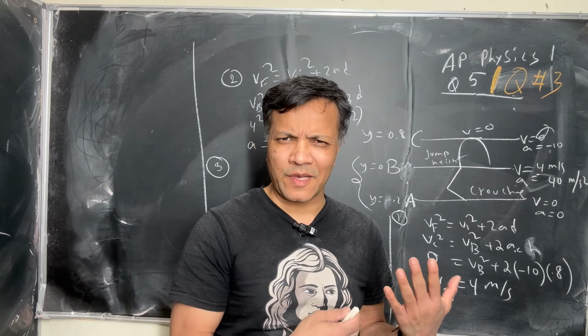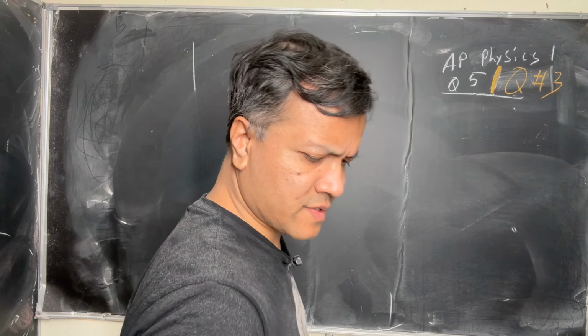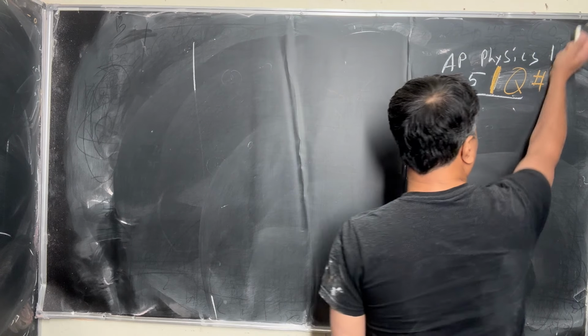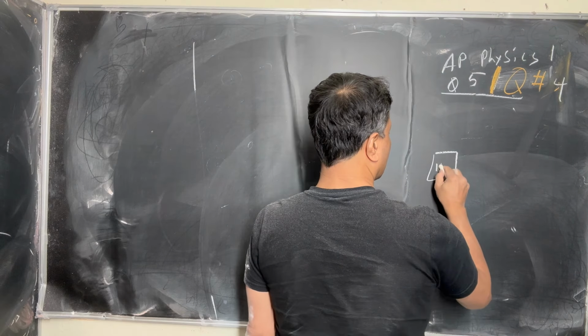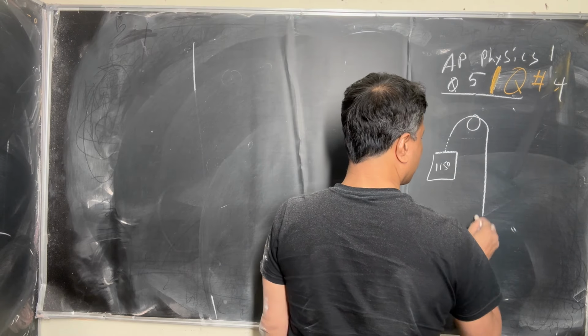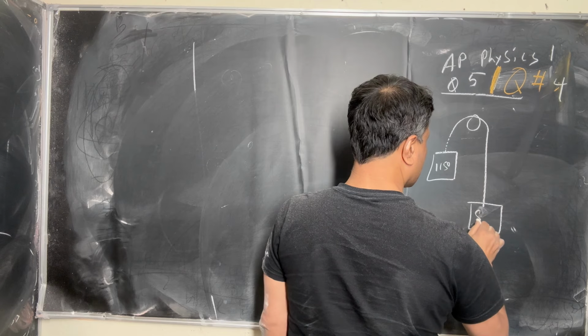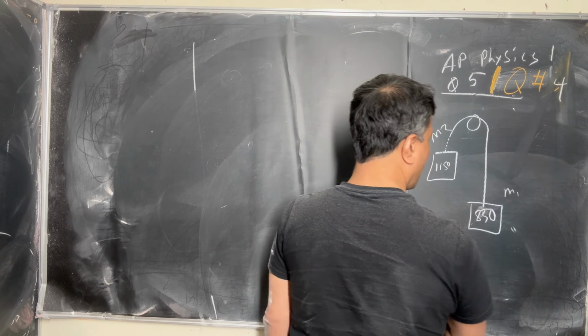So problem number 4 is again 2 masses, right? But hanging on a rope, the easiest problem so far. So 2 masses, 1150 and 850. Let's call mass 1, let's call mass 2.